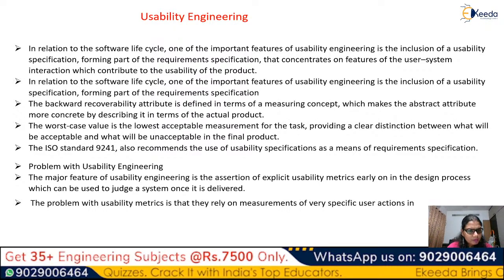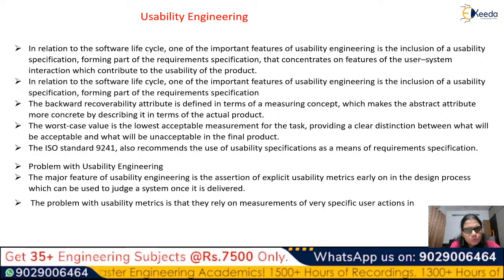Now, the worst case value is the lowest acceptable measurement for the task, providing a clear distinction between what will be acceptable and what will be unacceptable in the final product. So there is a measuring concept, the attribute, which makes the abstract attribute more concrete.